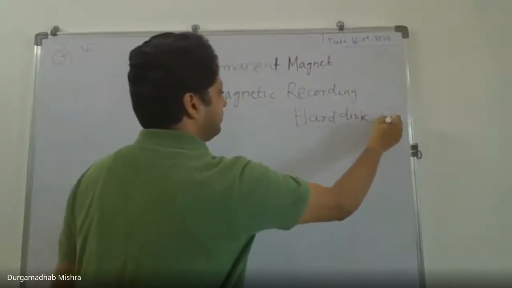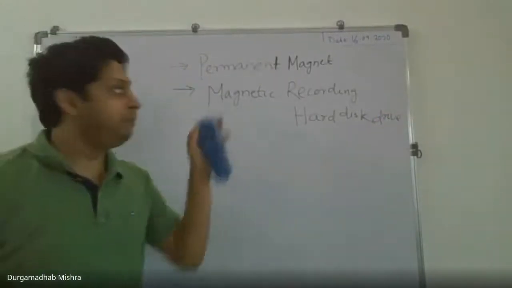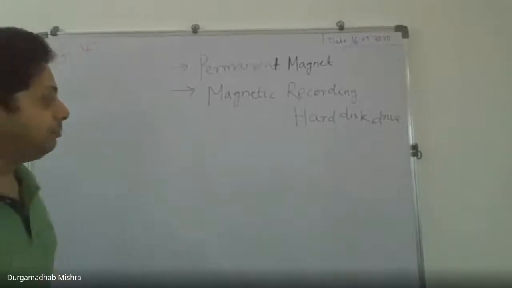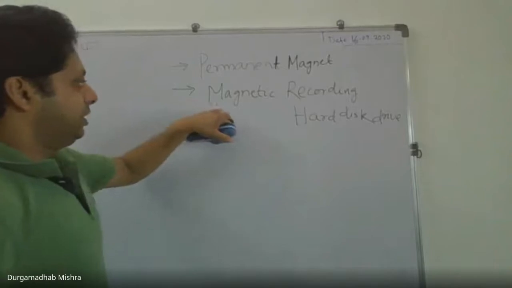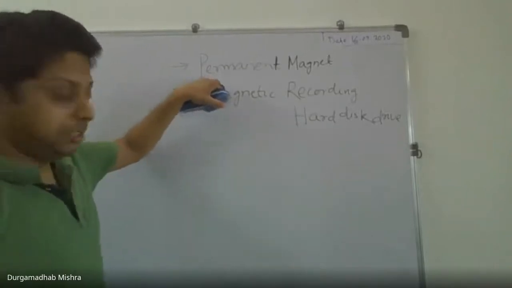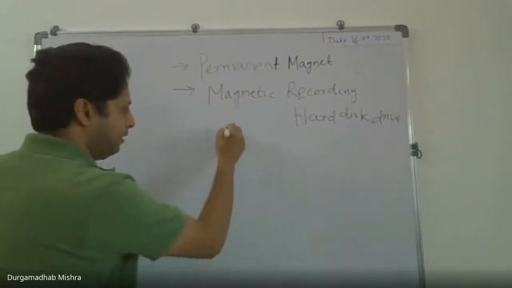Okay. So these are the primary applications of our hard magnetic materials. We will discuss it later. So first we discuss the permanent magnets.